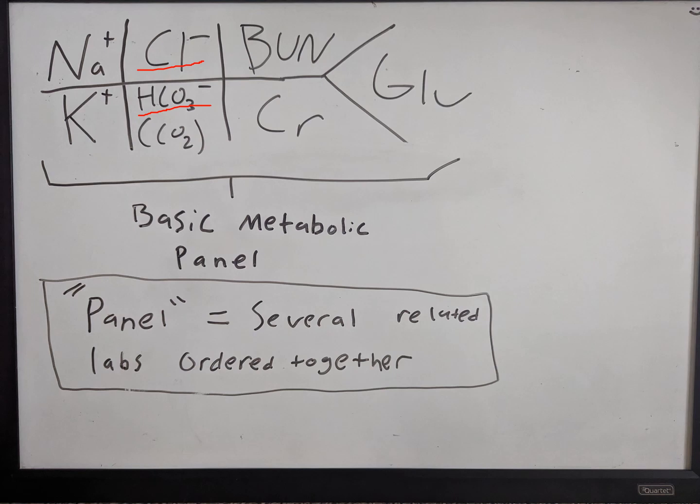And I'll talk about that in a second. So for this one I've put 2 labels. You'll notice it says bicarbonate and also CO2. The reason I put both of those is because this number that you will see is in practice a measure of the serum bicarbonate. However, when you look at the results sheet, it will usually say total CO2.